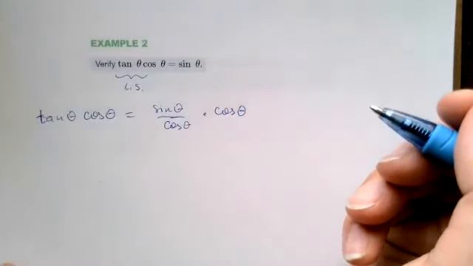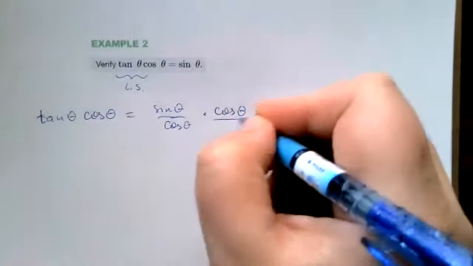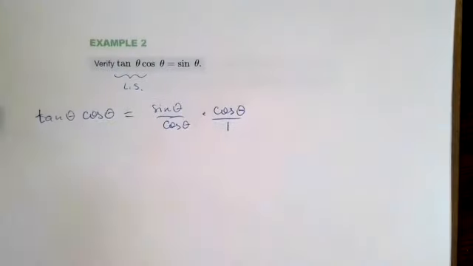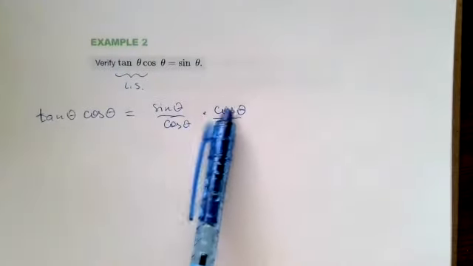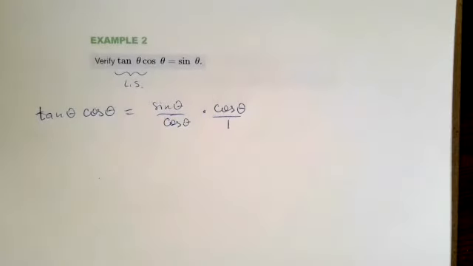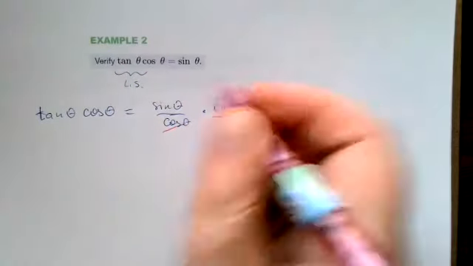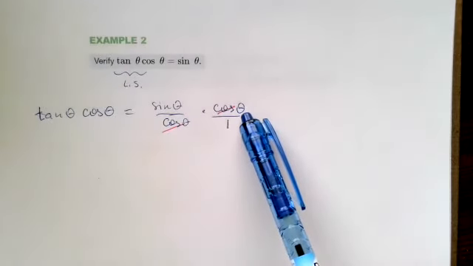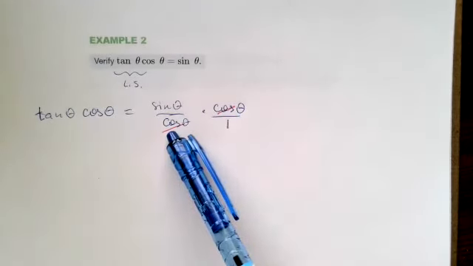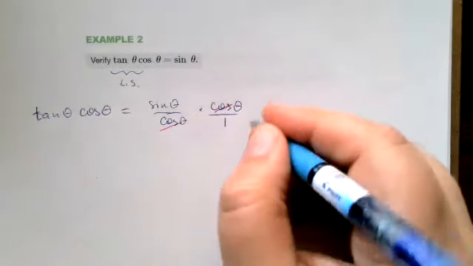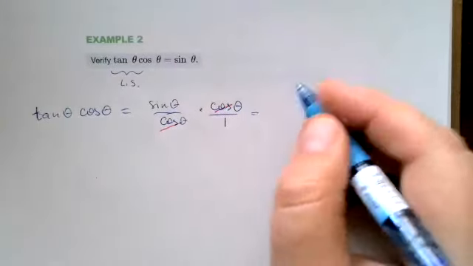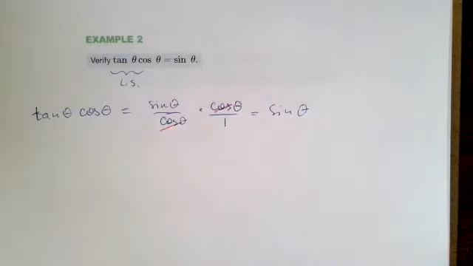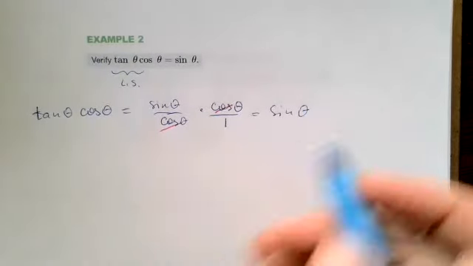Remember, we can turn cosine into a fraction by adding 1 in the denominator. So, we can cancel over the multiplication sign. So cosine, the factor in the numerator, cancels the factor in the denominator. So we're left with sine theta over 1, which is just sine theta. So we finished.